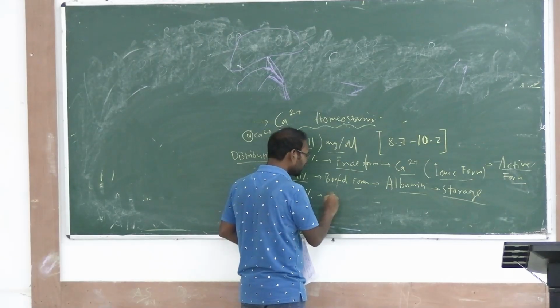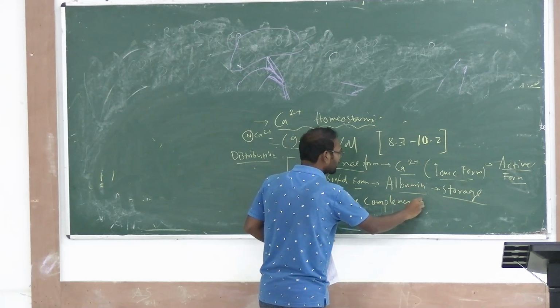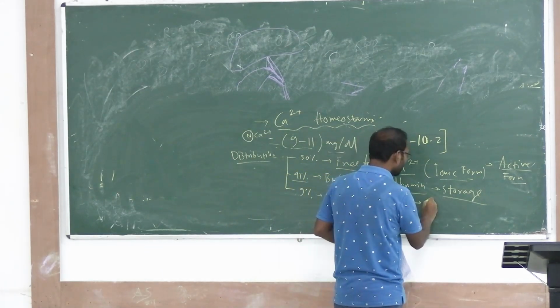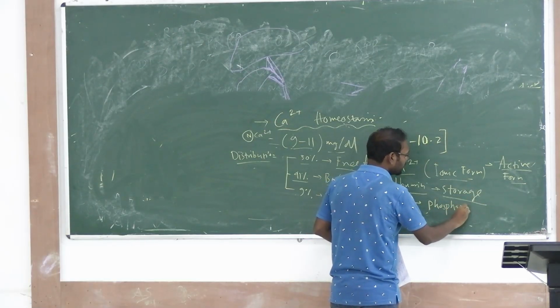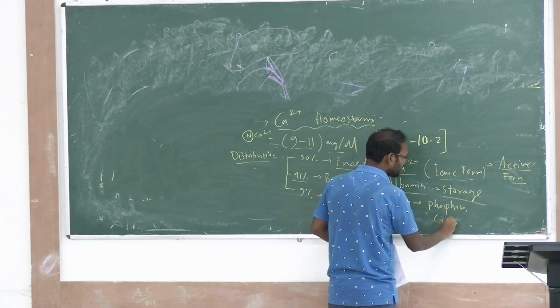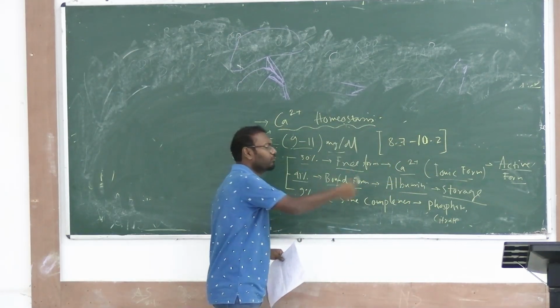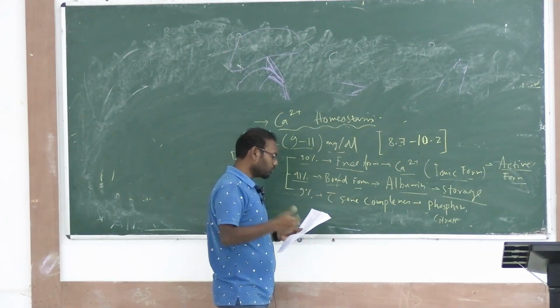So they are with some other complexes such as calcium phosphate, calcium citrate. Okay, so phosphate, citrate, so they are also bound. If the calcium is bound as calcium phosphate, if the calcium is present in your body as calcium citrate, okay, what can they do?